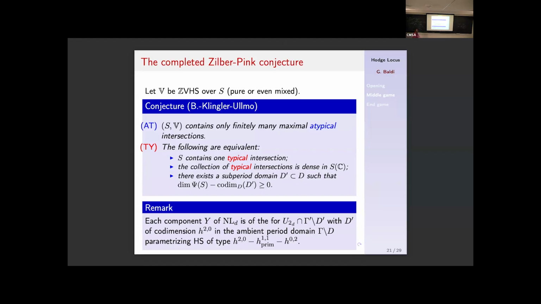And so you see, what I was calling general components are exactly the ones of codimension h^{2,0}. So they are exactly some sort of typical intersection. They should just appear for Hodge-theoretic reasons. Whereas the exceptional ones were bigger in dimension, and they should appear for some more complicated reason. So this conjecture implies the result. I'm trying to convince you that this conjecture implies the result I was describing at the beginning on the Noether-Lefschetz locus.